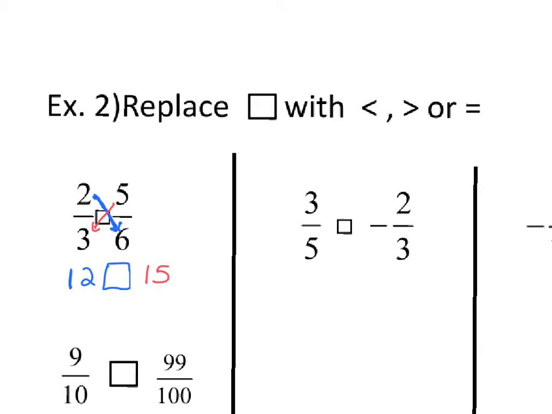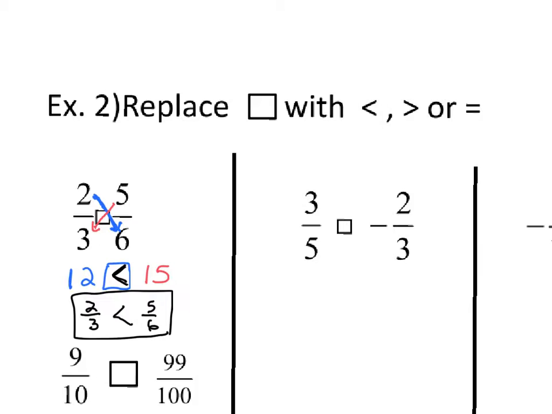Obviously, 15 is greater, so Pac-Man is eating the 15, and 12 is less than 15. When you go back to the fractions, 2 over 3, you can put is less than, and you put 5 over 6. So this is one technique to check which symbol you must use.